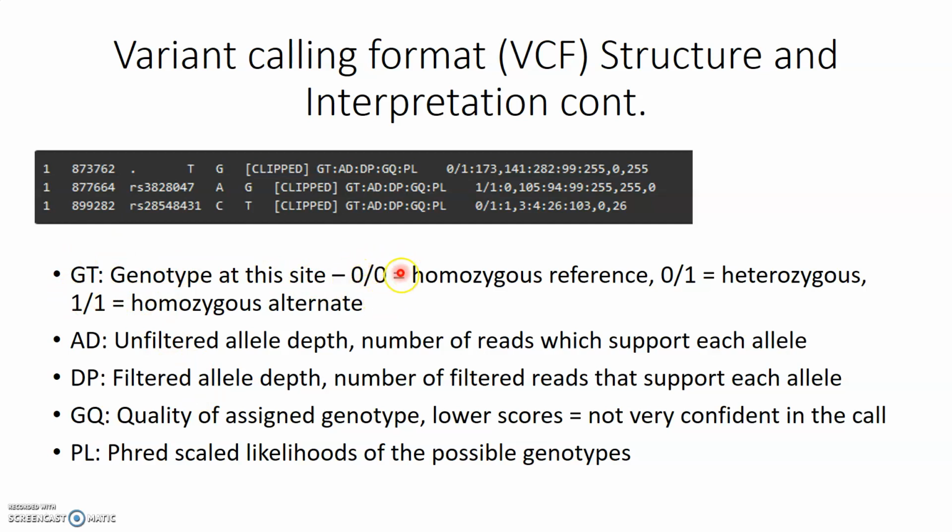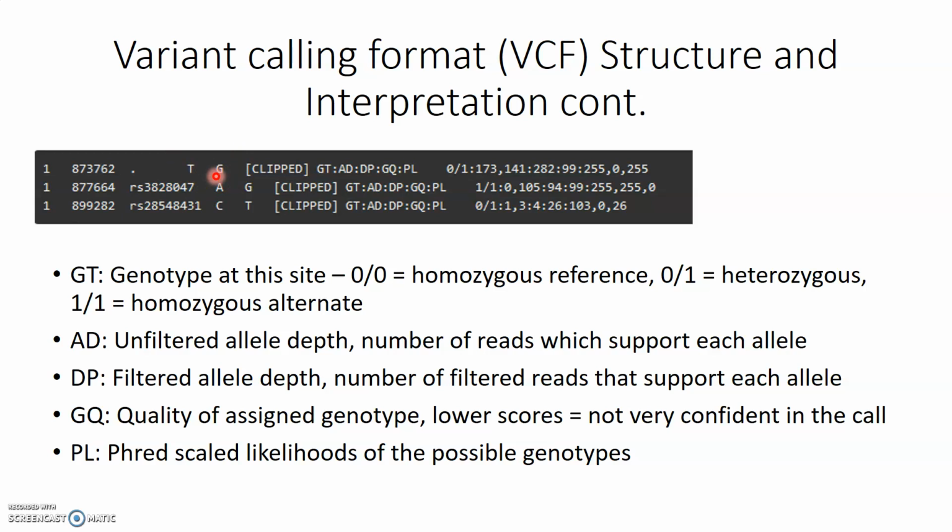So 0, 0, remember, means that it matches the reference in both alleles. 0, 1 is heterozygous, and so this 0, 1 here means that they had one copy of the T allele and one copy of the G allele.